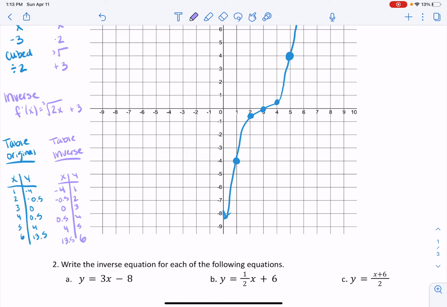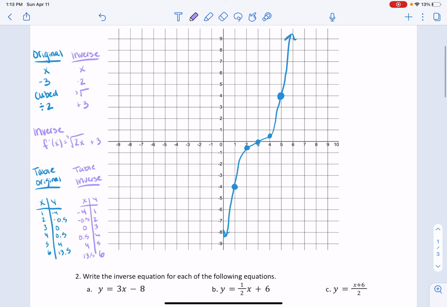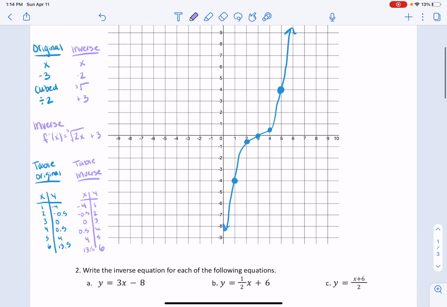All right, so then I've got points to plot here, so we're almost done. (-4, 1) would be right here. (-0.5, 2) would be right about here. (0, 3). Then we've got (0.5, 4), and (4, 5), so that's kind of over here a little bit.